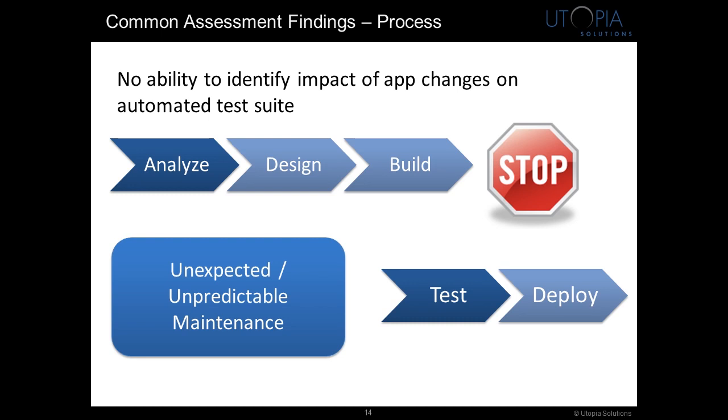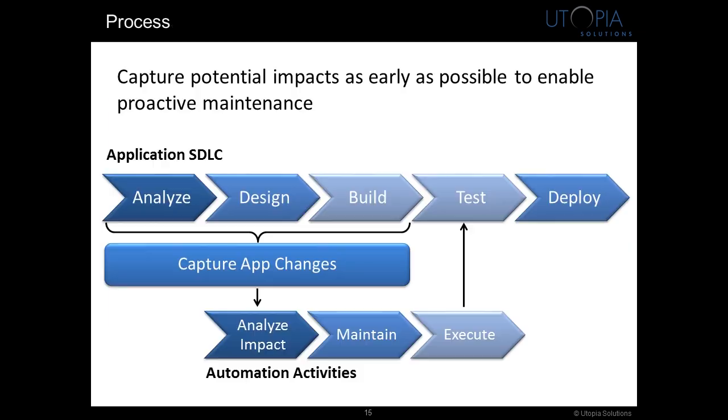So rather, you need to capture those potential impacts as early as possible. Independent of the type of development cycle, whether it's Agile or Waterfall or something in between, changes are being dreamed of, designed, prototyped, and coded. Right? And you need to insert yourself into the right communication channel so you can understand what those changes are and how they're coming down the pipe and how they're ultimately going to impact your automated test suite.